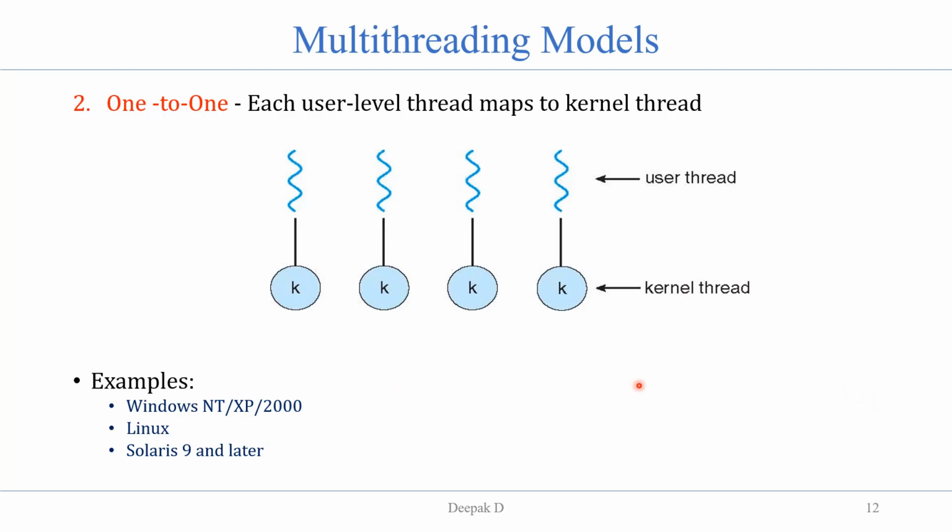But the major disadvantage is that creating a user thread requires creating a corresponding kernel thread. Some examples are Windows NT, XP and 2000, Linux, and Solaris 9 and later.